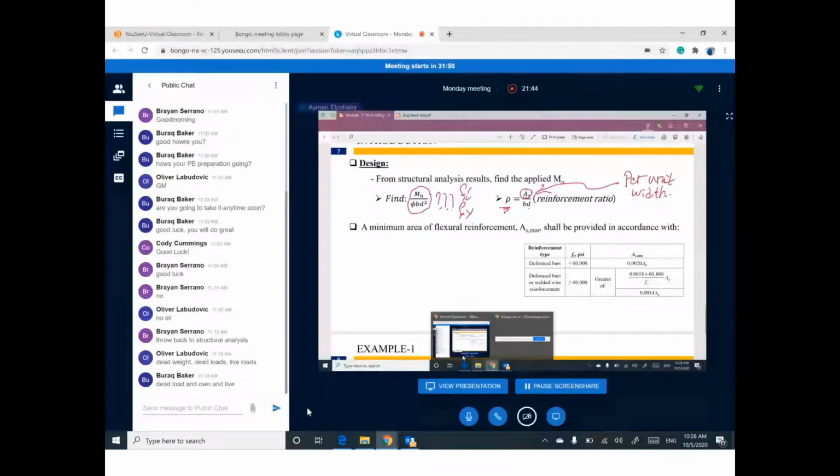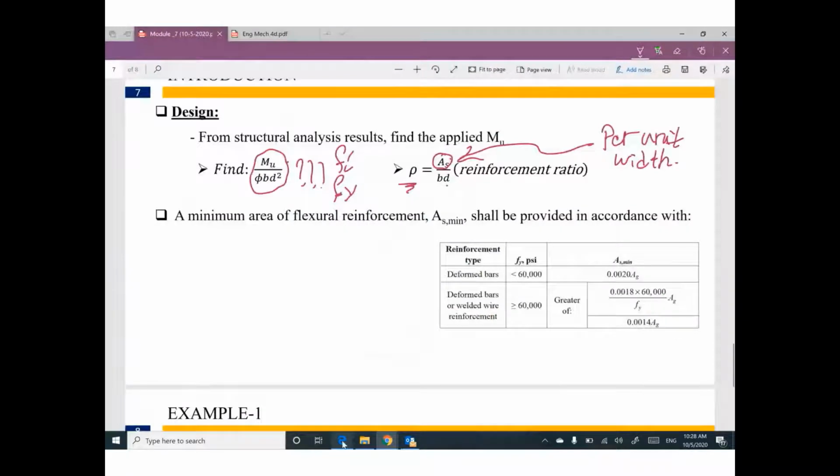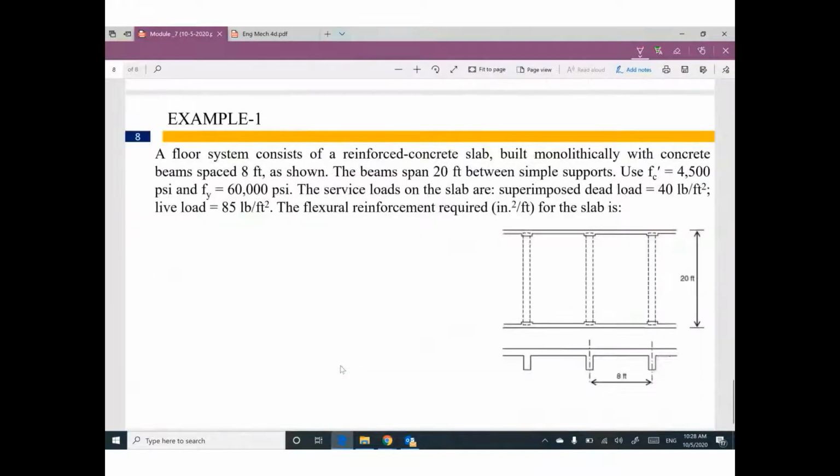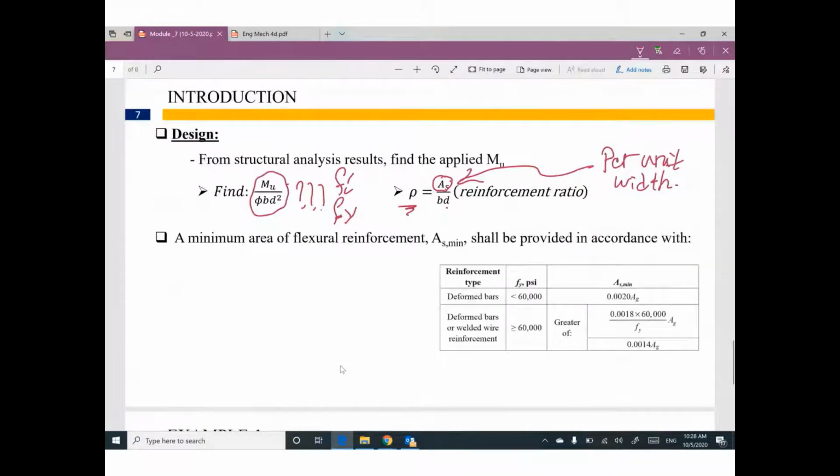Any question? We will go through this example right now, but until this point, do you have any question? One-way slab is a piece of cake because you already have a good background about design.